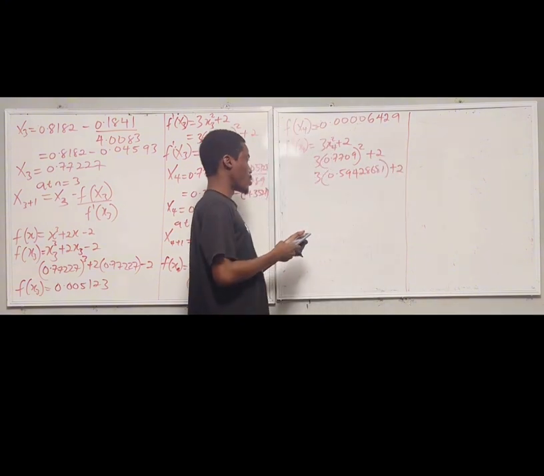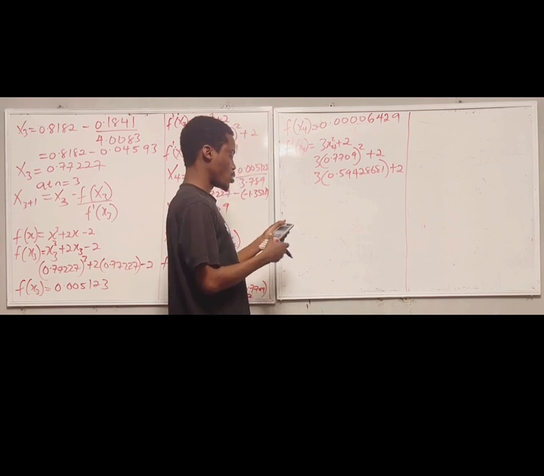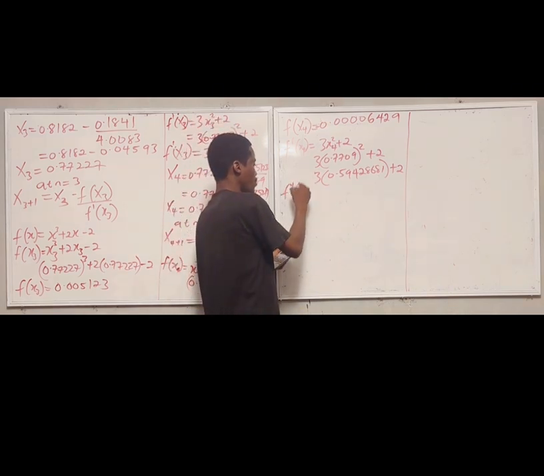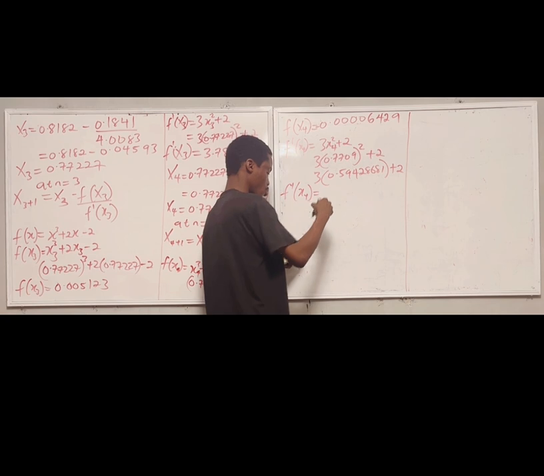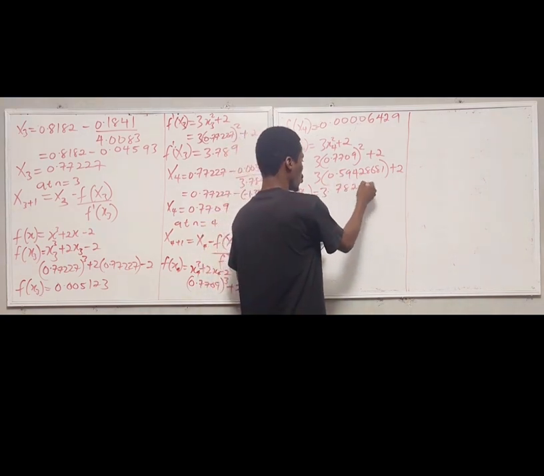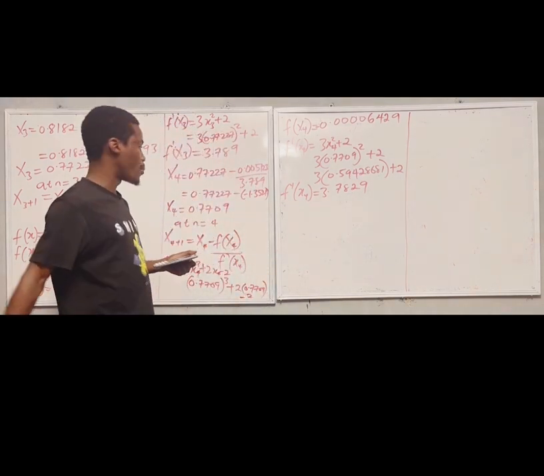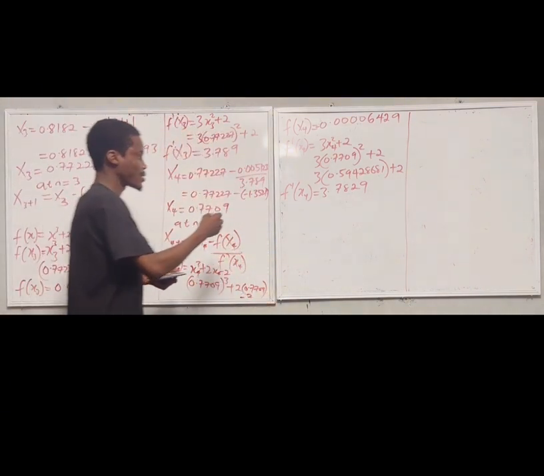So f prime of x4 to 4 decimal places is 3.7829.